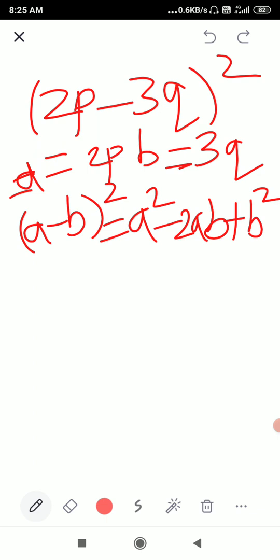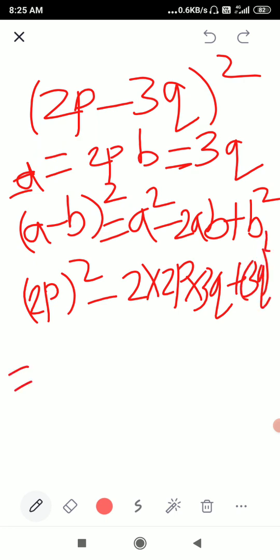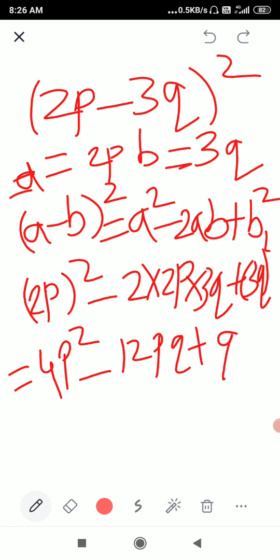Now here you can write (2p) square minus 2 into 2p into 3q plus (3q) square. Here 4p square minus 4 into 3, 12pq plus 9q square. So this is the third one.